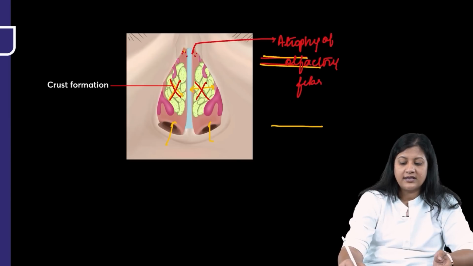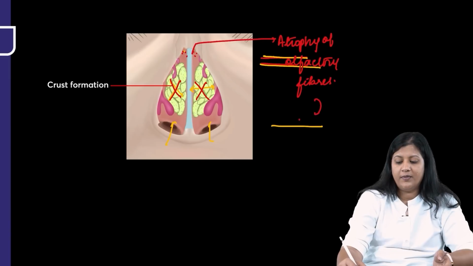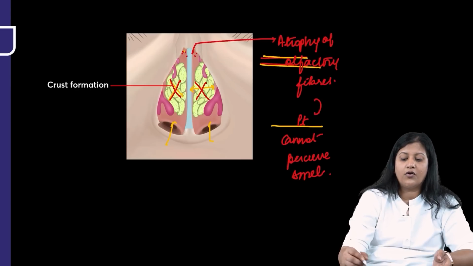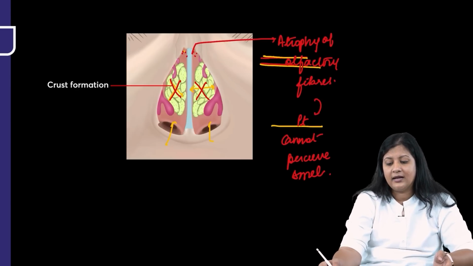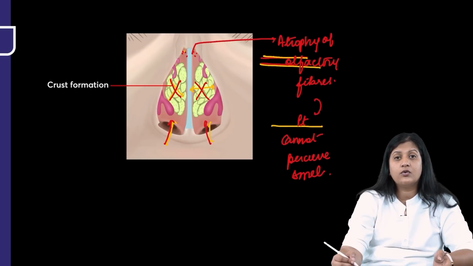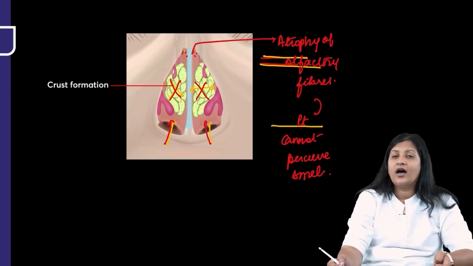Can the patient perceive smell? No. The patient cannot perceive smell because of atrophy of the olfactory epithelium. Also, because the air current going into the nose is obstructed by the crust, it is causing anosmia or hyposmia.